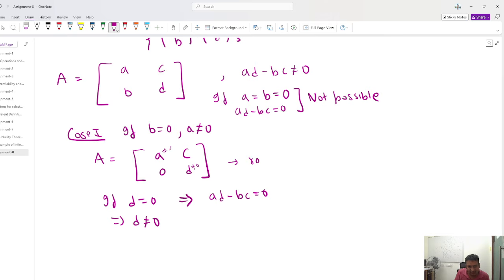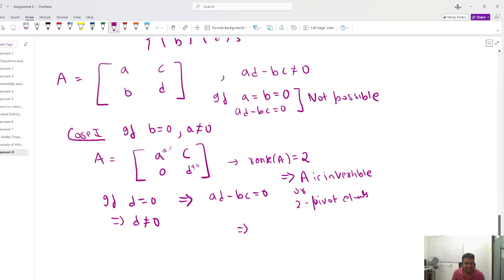So what is the rank of A, guys? Rank of A is 2. This implies A is invertible, or this implies you now have two pivot elements. I don't need to do anything further. So with two pivot elements, both of the columns are linearly independent.